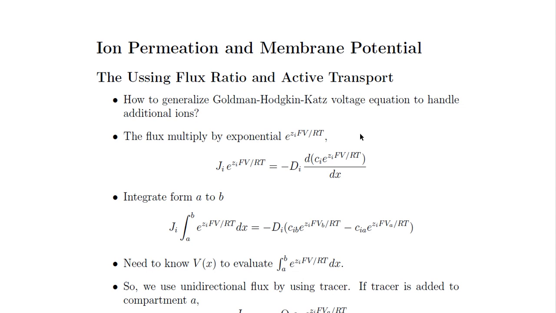So this is GHK. The flux is multiplied by exponential e to the z_i F V over RT, where z_i is the ionic charge. So the flux J equals minus D. If we integrate from a to b, these are the membrane, not a compartment.